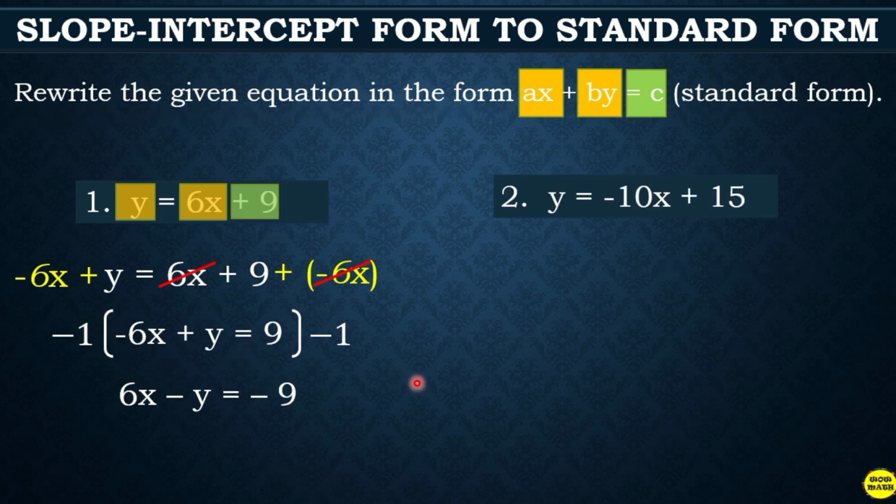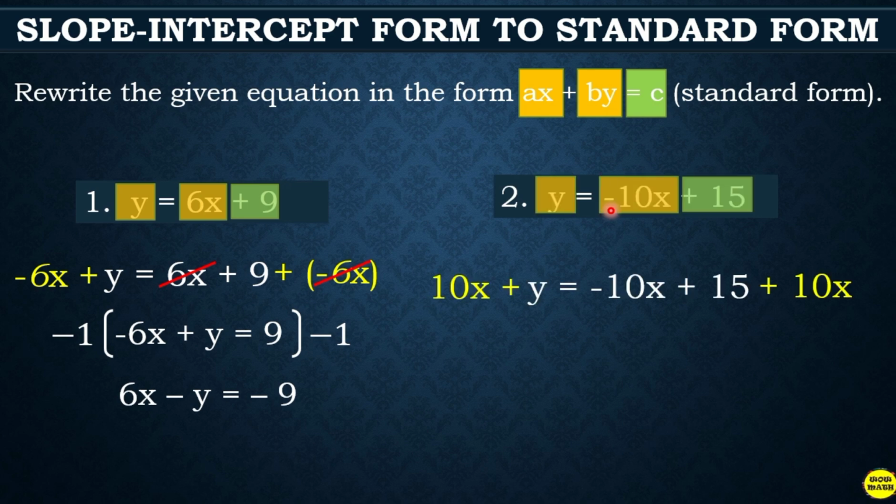Okay, let's have another. So, I have here y equals negative 10x plus 15. So, again, we need to eliminate this here. Dapat mawala siya dito kasi dapat nasa left side siya ng equation. So, para mawala ito, kanina, positive, nag-add tayo ng negative para makancel siya. Ngayon, since this is negative, ano ang i-add natin? Mag-a-add tayo ngayon ng positive.